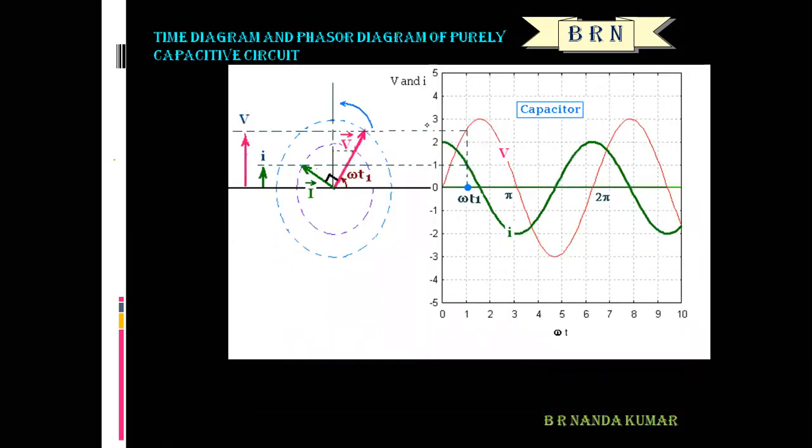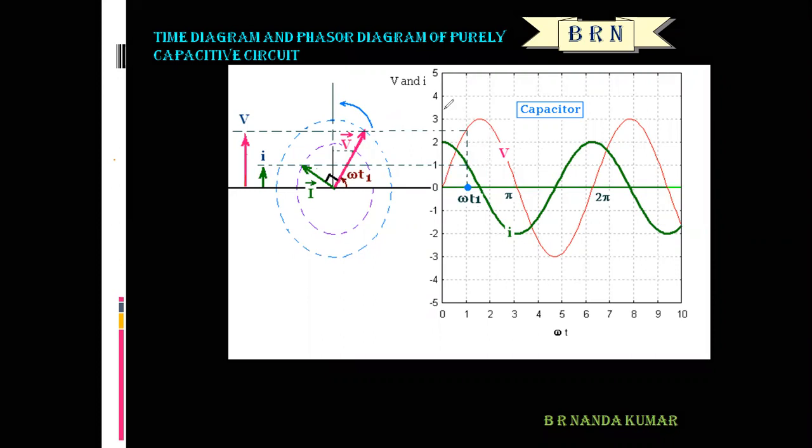Okay, now look at this diagram. This is the time diagram of the purely capacitive circuit, and this is the phasor diagram of the purely capacitive circuit. Here the time diagram is split into a number of phases.